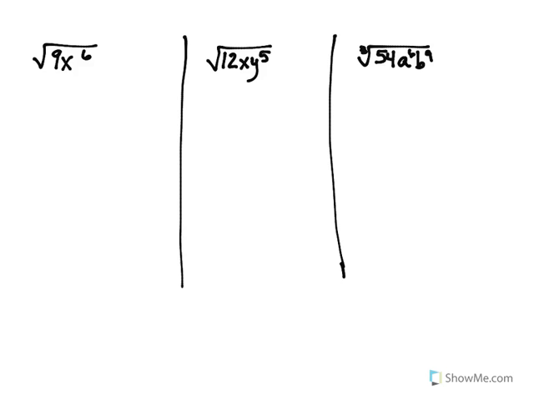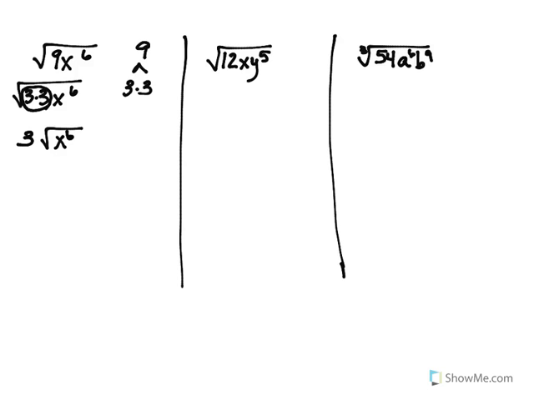So what you should do is really just use prime factorization and break your numbers down into their prime factors. So when I break down 9, I get 3 times 3. Well, that is a pair, and that means that pair can come out of the radical. And so the square root of 9 is a 3.